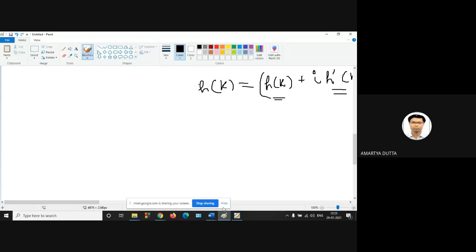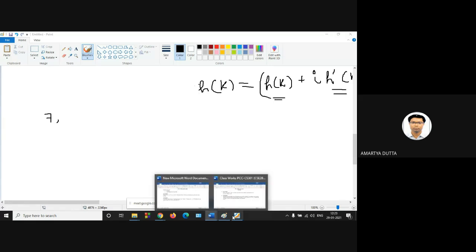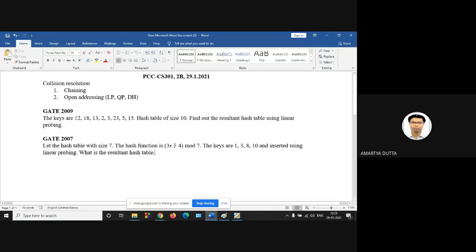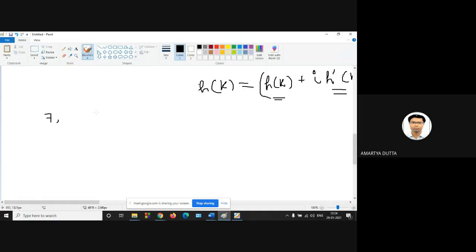Okay. So what is the technique? Your array size is 7 and the hash function is 3x plus 4 mod 7.